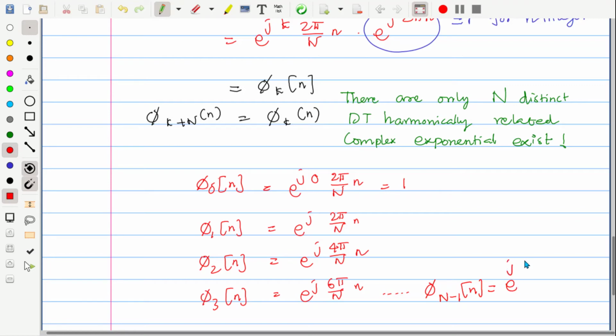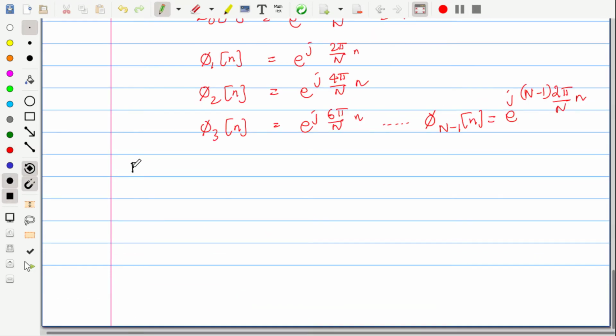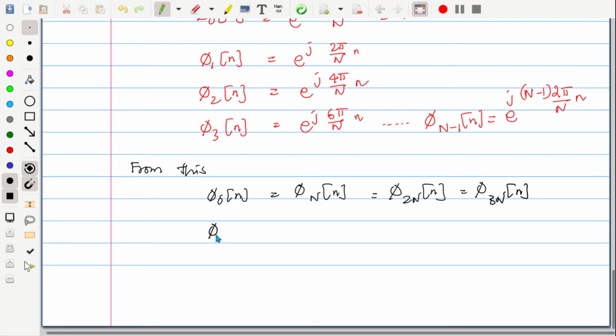Any other φk[n] is identical to these harmonically related periodic exponentials. Thus φ0[n] equals φN[n], which is again equal to φ2N[n], and similarly φ1[n] equals φ(N+1)[n], which equals φ(2N+1)[n], because we can have only N distinct harmonically related complex exponentials.